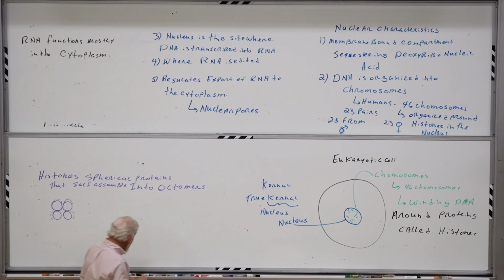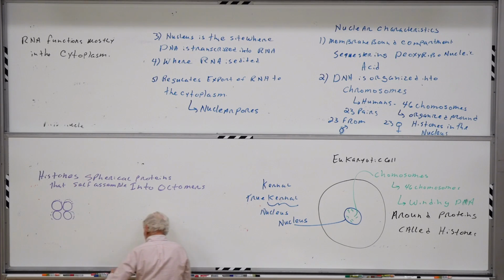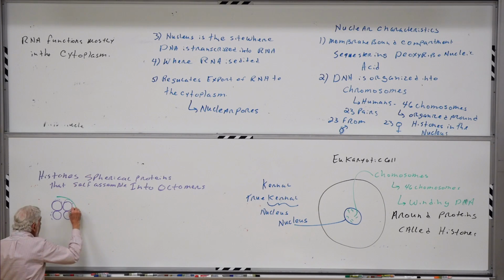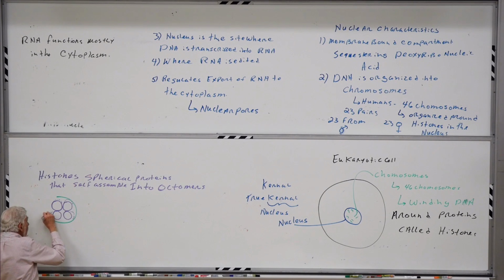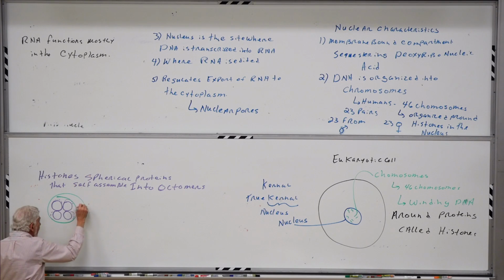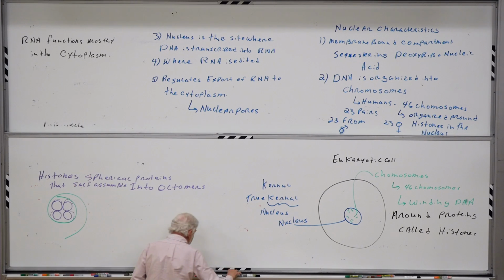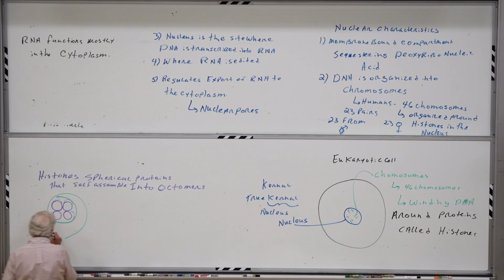And then we can wrap a strand of DNA around that histone. And then this DNA strand will then further wrap around another histone, another octamer.